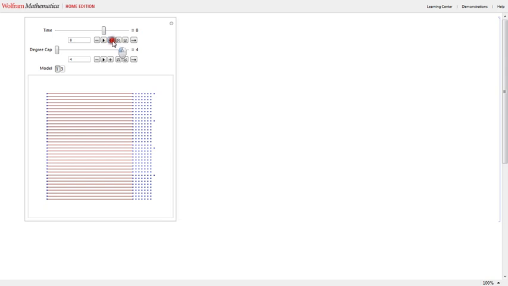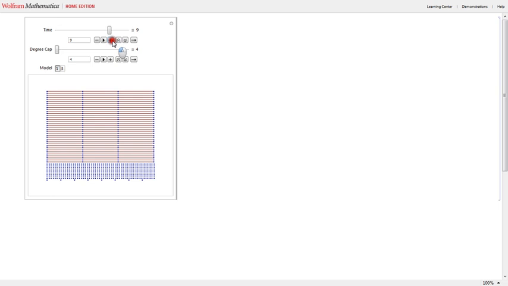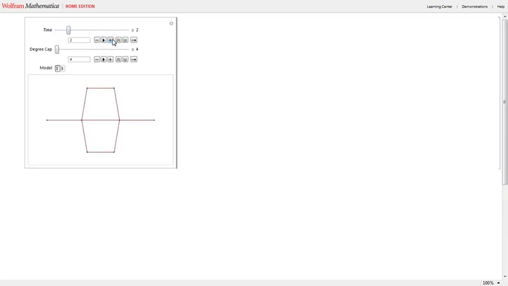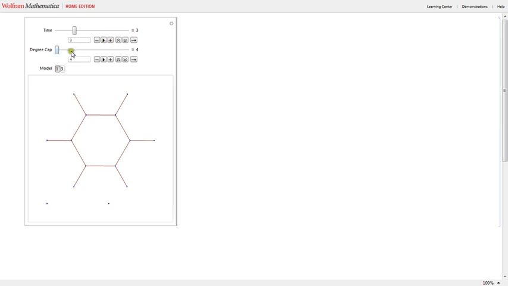It's remarkable that we get these self-replicating structures from these very simple rules. Of course, we did see self-replication happening before within the age cap system, but what's interesting about the degree cap systems is that you can actually find some really complicated behavior.